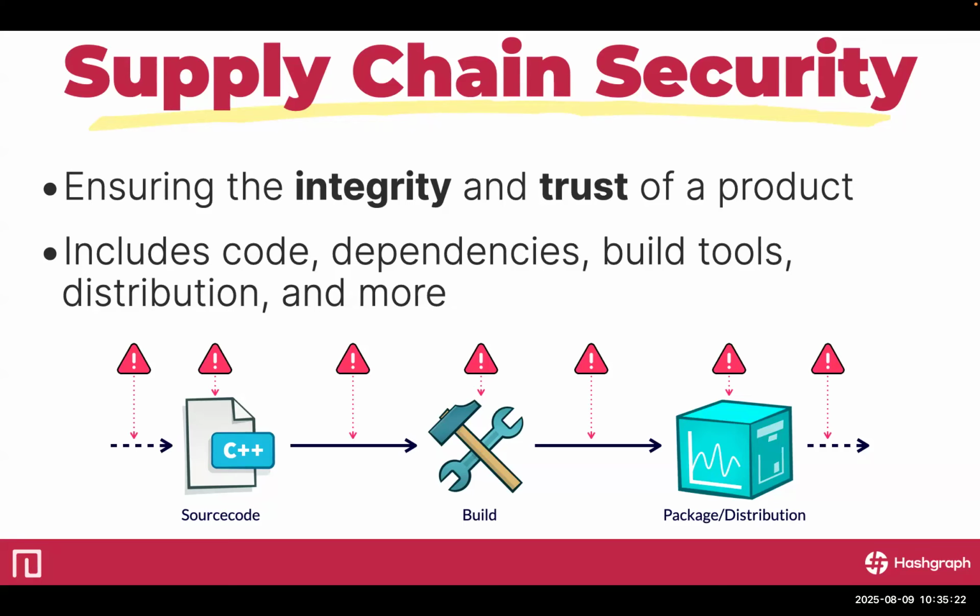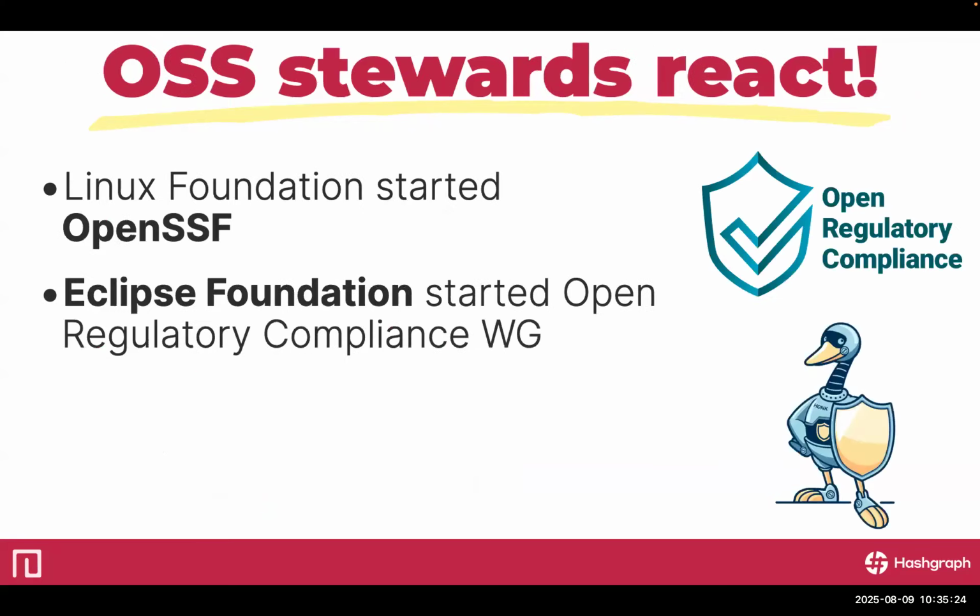For all those, there are working groups or subcommittees. Like in the Linux Foundation, there's the OpenSSF. At the Eclipse Foundation, there's the Open Regulatory Compliance Working Group, which both really take care of supply chain security, how to make it right, and how to make it safe. So this whole bundle is, from my point of view, very important to create sustainable and trustful software that we can use in enterprises in the future.